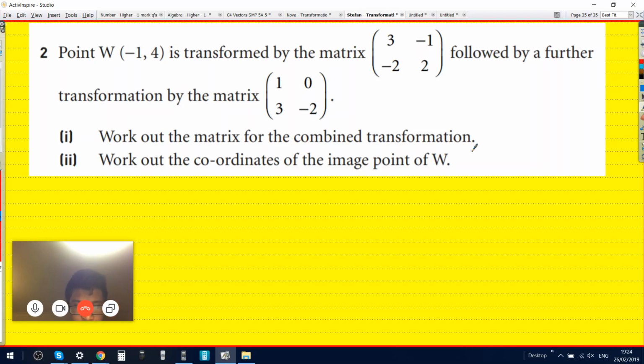Okay, the combined transformation. So the first thing you want to do is multiply 1, 0, 3 minus 2 times 3 minus 1 minus 2, 2.